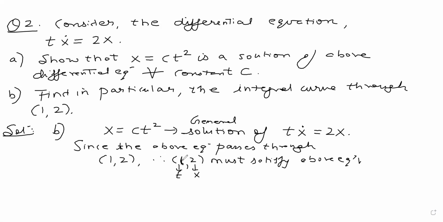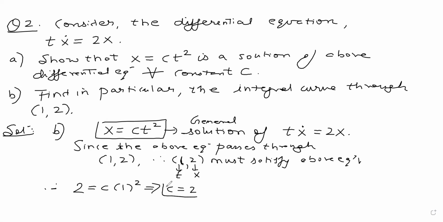So if I put x as 2 and t as 1, what do I get? 2 is equal to c times 1 square, which implies I get my value of c as 2. So c is equal to 2. If I plug back c equal to 2 in the equation, I get the integral curve. So x equal to 2t square is the integral curve passing through 1, 2.